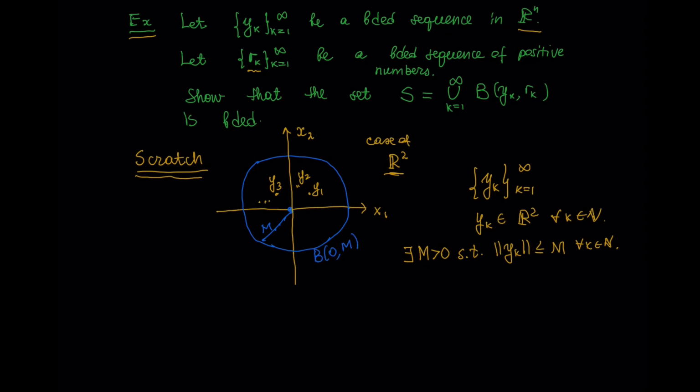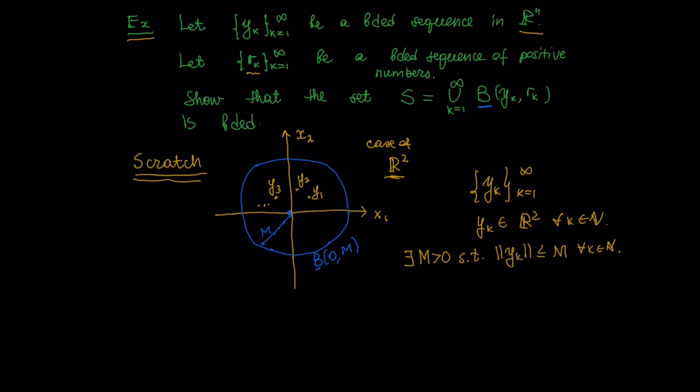I'm using the letter B and not D just to be consistent with the notation for balls. So this is a ball centered at 0 of radius m. So for every k natural number, yk is inside of this ball centered at 0 of radius m.